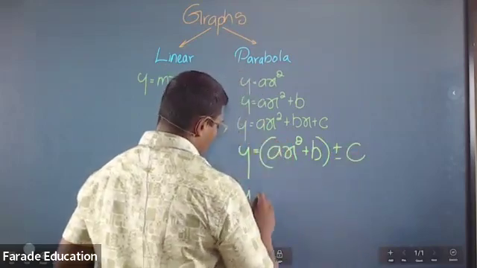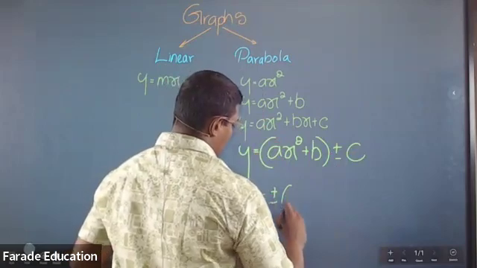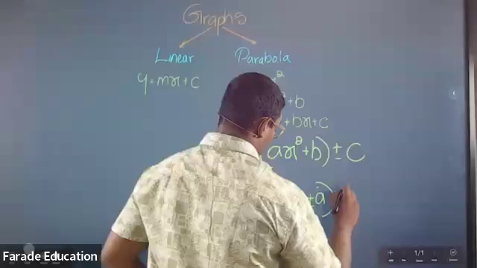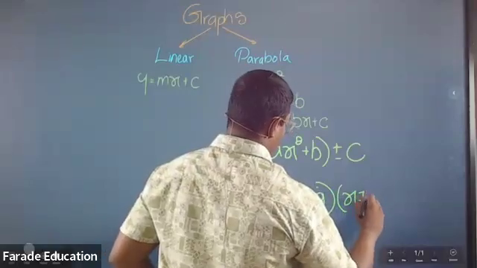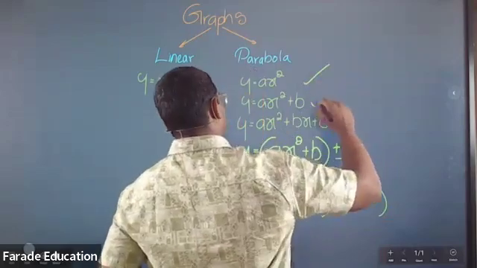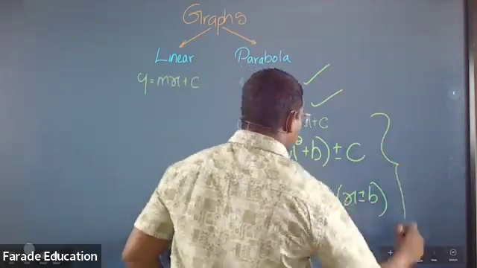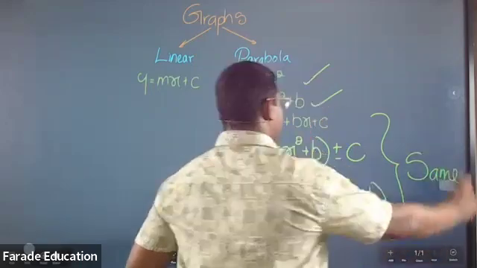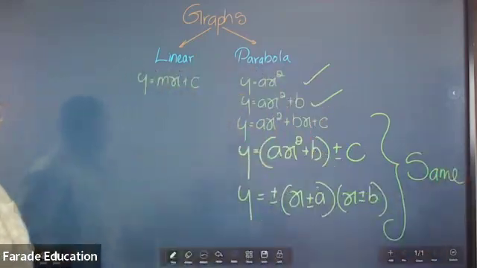Next one, y equals plus or minus (x plus a)(x plus or minus b). This is a type, but all these three are the same, but different types of representing.